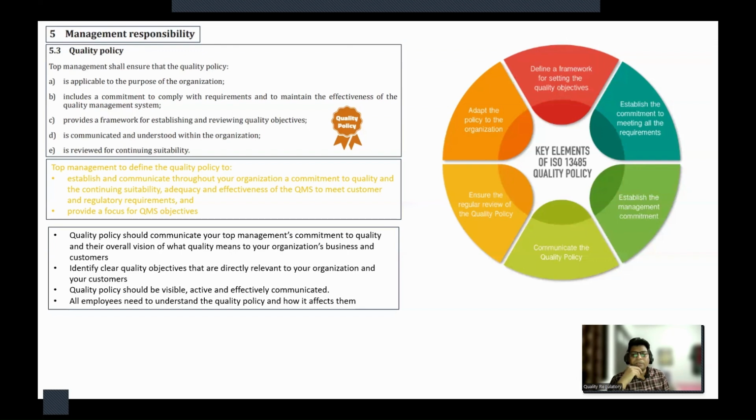This is how our processes interact and the quality management principles are met. That has to be ensured in terms of quality policy and quality objectives, and top management has to review all these things in their management reviews.